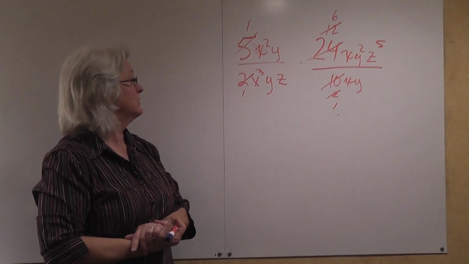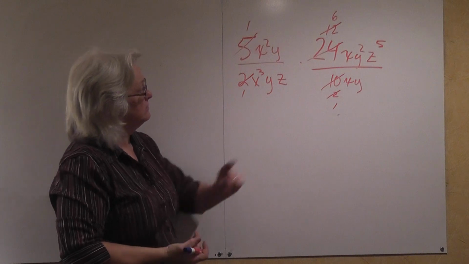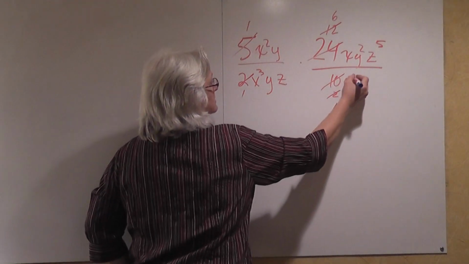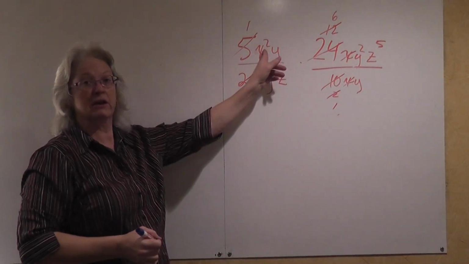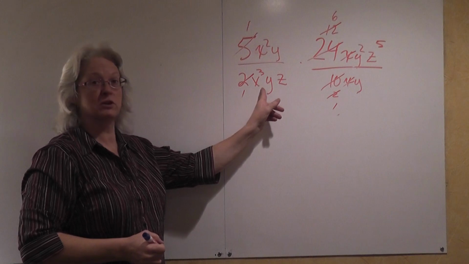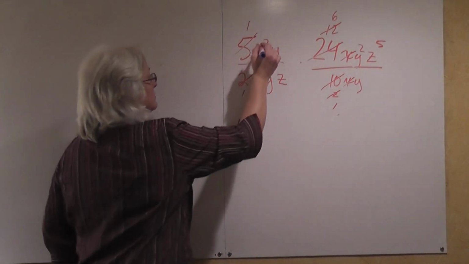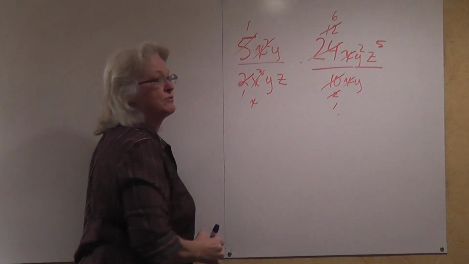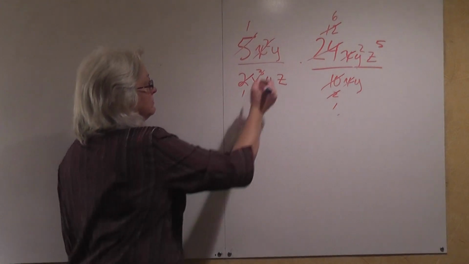Now, what about my x's? Well, x divided by x, those cancel. X squared, x cubed, the x's in the numerator cancel, leaving us x to the first in the denominator. What about y?